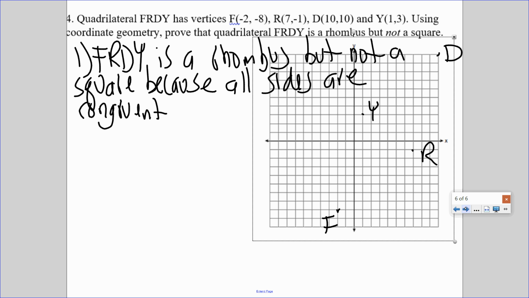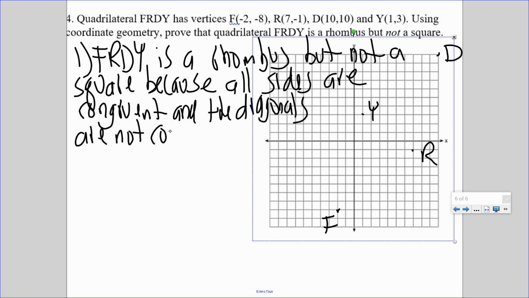So because all sides are congruent, and the diagonals are not going to be congruent. So if they want you to prove it's not the shape, you're going to prove it doesn't have that property.